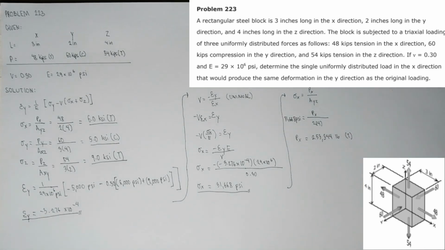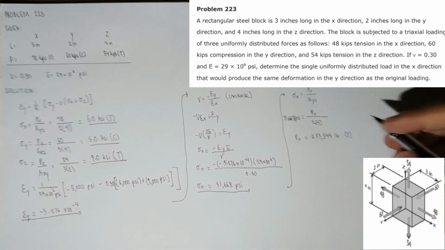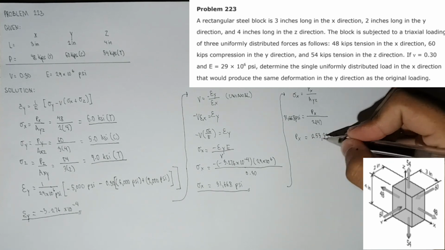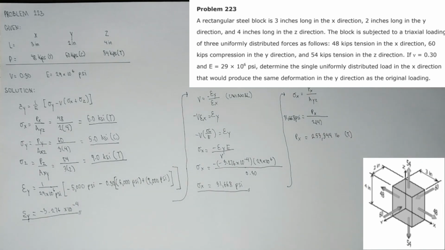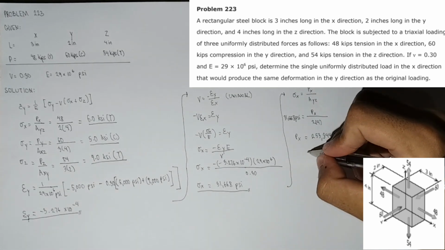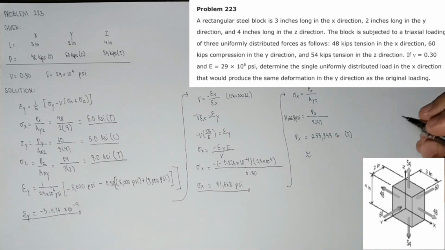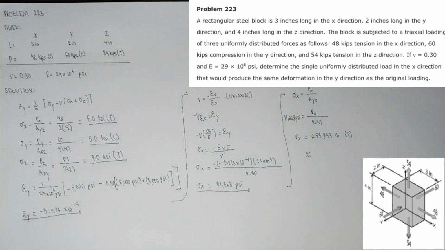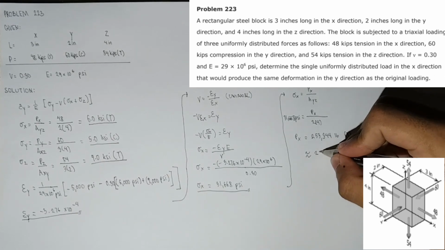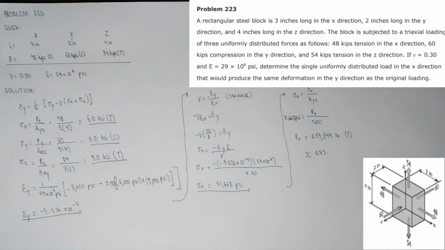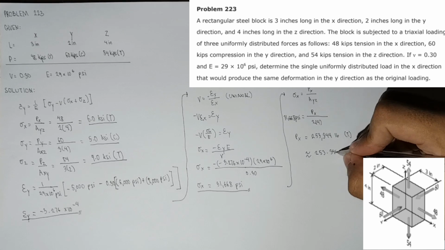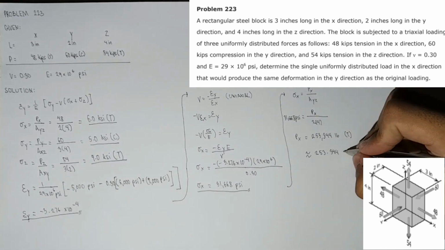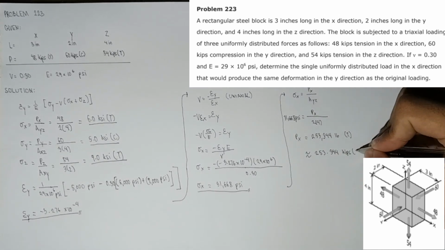Because this number is so big, we can convert it into something smaller. This answer is already correct, but let's convert this into kips. So this pound is equal to 253.344 kips, tension.